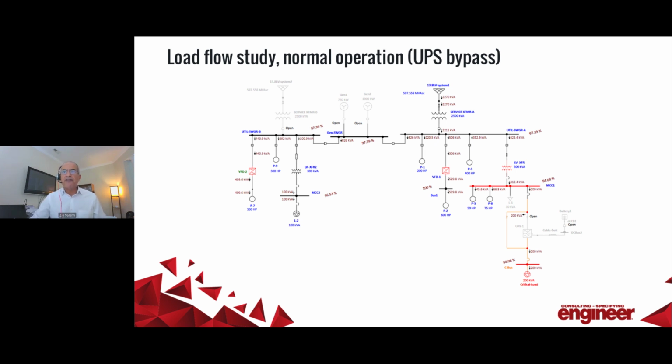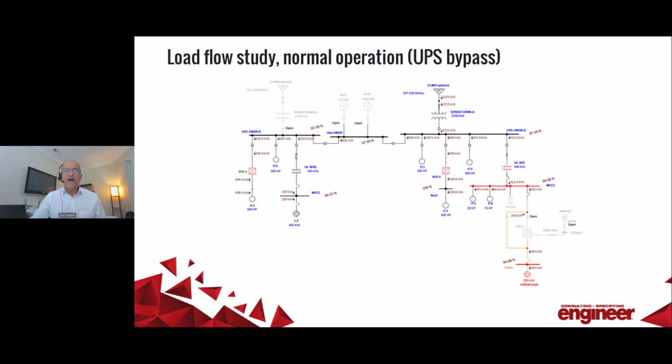That's a different story. But if you have a bypass and there is a possibility, which most likely you have, then it should be analyzed. Now, the same amount, 200 kVA of power is feeding the critical load. But if you pay attention here, the voltage is much lower, around 94%.